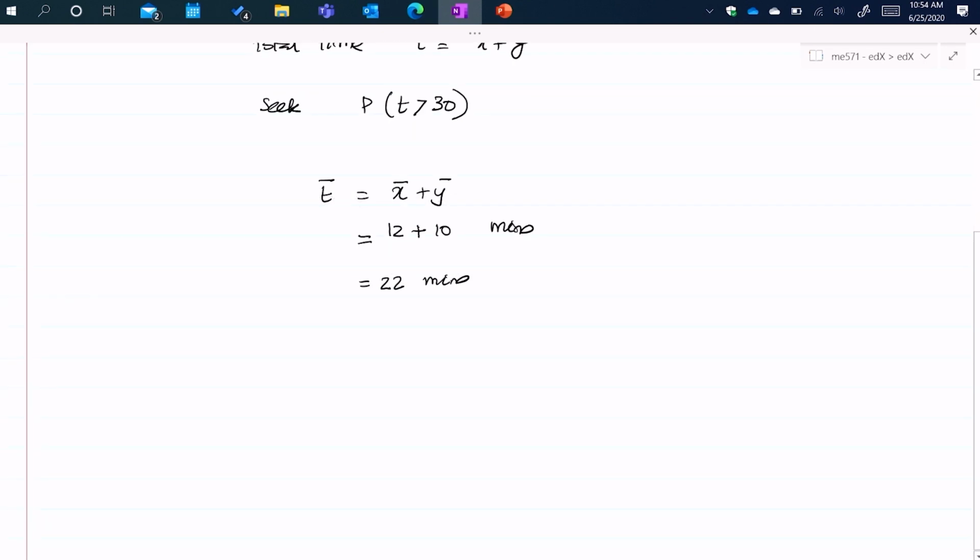And we also need the standard deviation of t, which is the square root of the variance of x plus the variance of y. We are told that the standard deviation of x is 3, so this is 3 squared plus 2 squared.